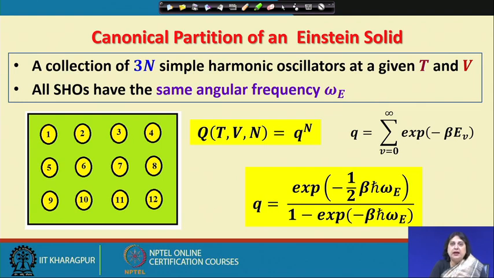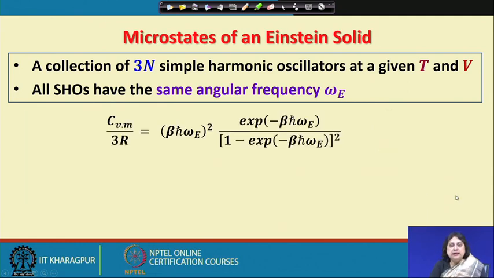Here, instead of any intrinsic frequency, I am using the same frequency omega E for each of the oscillators present in the system. Now, once I know small q, following the prescription of molecular thermodynamics, I can very easily derive this algebraic expression for Cv.